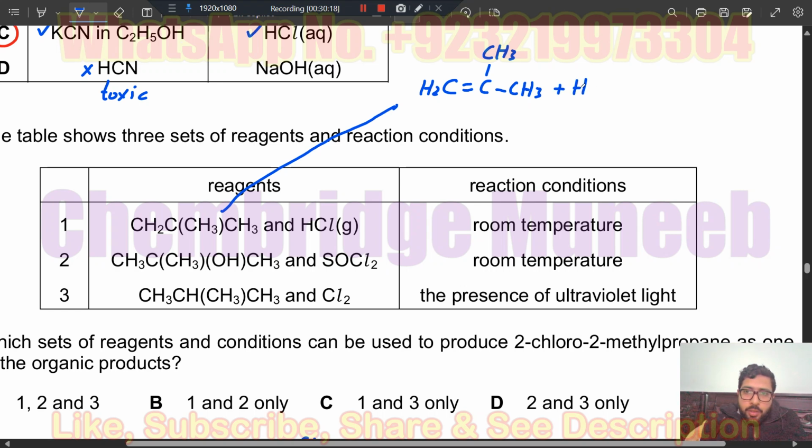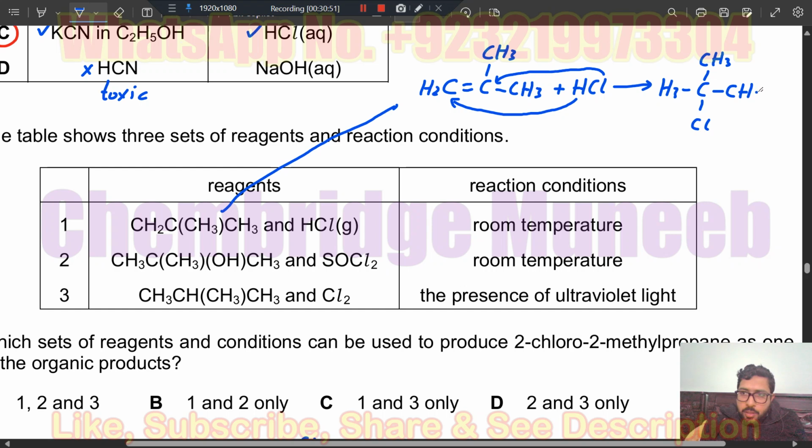This should again follow Markovnikov addition, which means that hydrogen must go towards the carbon which contains more hydrogen atoms, and chlorine must be added on the other carbon. So the product formed shall be H3C with CH3 above, chlorine below, and then CH3.